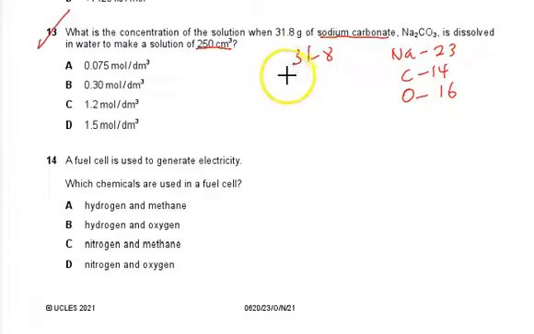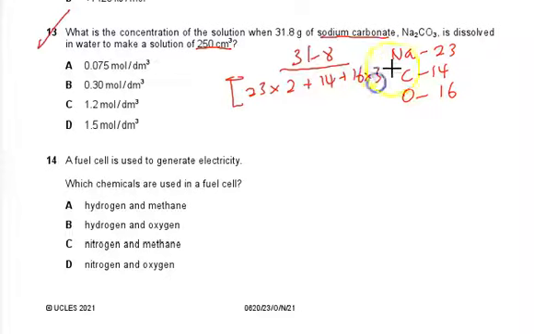So we have to take this and divide with the total RMM. So 23 times 2 plus 12 plus 16 times 3. So here we have 3 oxygen. If we add on all this, we will be getting about 106.